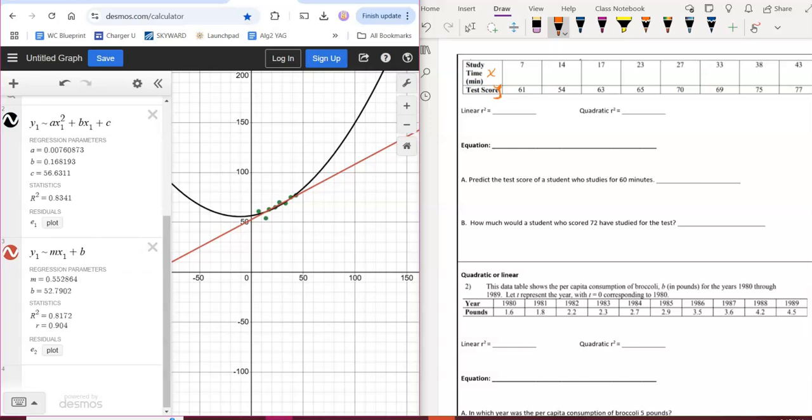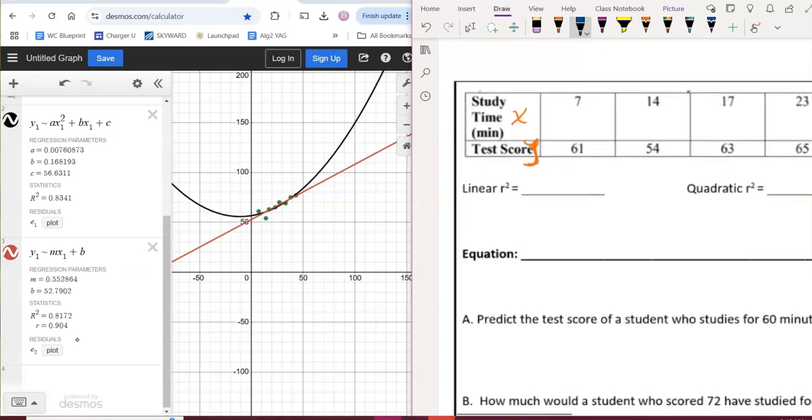Your r squared says 0.1? Oh, okay. Mine says 0.83. Does anyone else say something different? Raise your hand if yours says 0.81. Raise your hand if yours says 0.83. Oh, you're looking at the linear one. Yeah, we want to look at the one with the quadratic, the one with the 2.